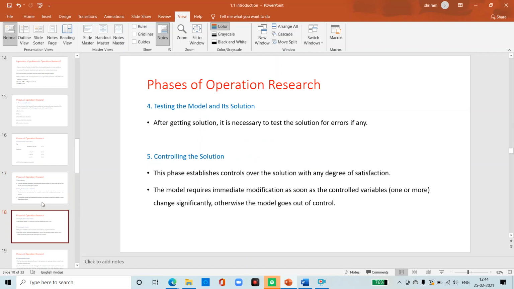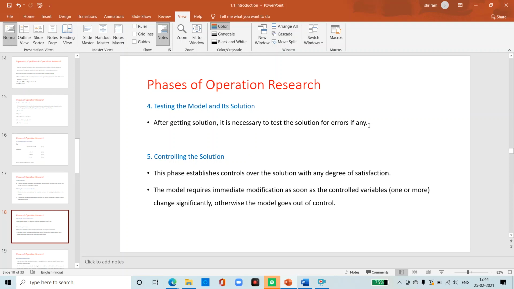The fourth phase of operational research is testing the model and its solution. After getting the solution or optimal result, it is necessary to test the solution for errors, if any. This may be done by re-examining the formulation of the problem.